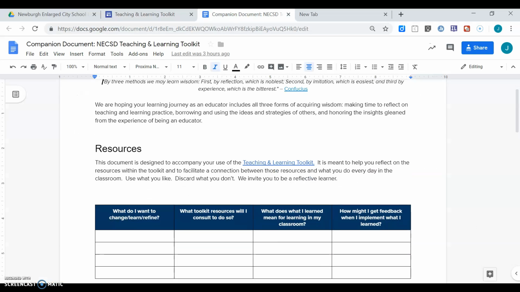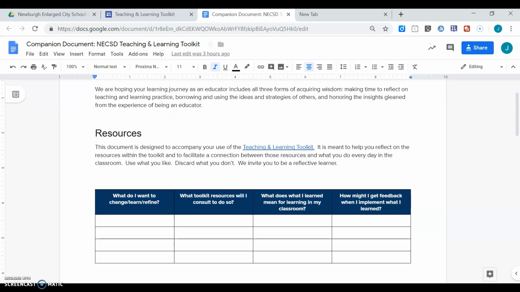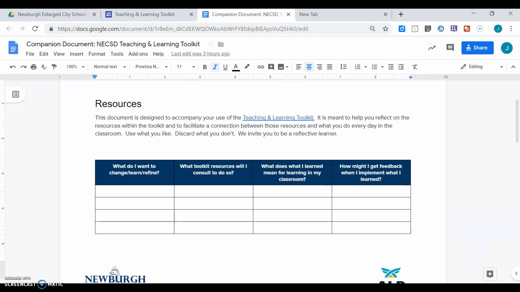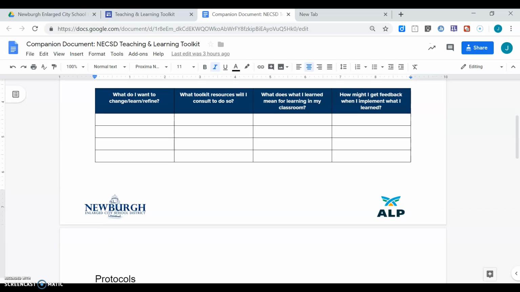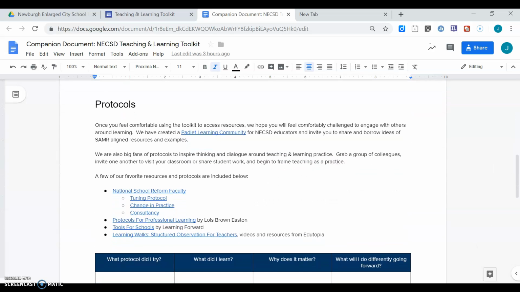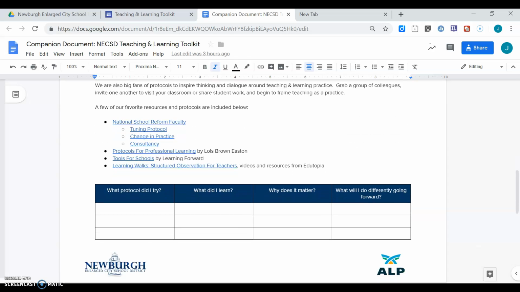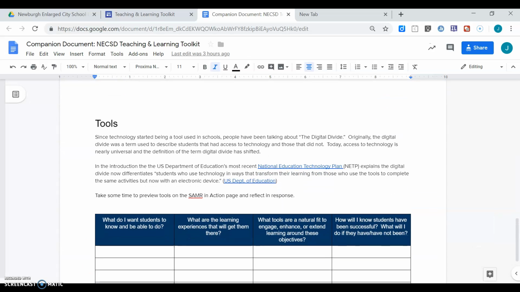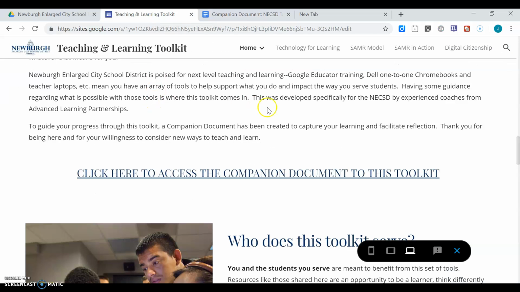It is just a place where teachers can, on their own, talk about what resources they used, what their reflections on those resources were, what they want to remember about those resources, and what it might mean for their classroom. There's a series of protocols to look at and tune practice, and then some tools. So as teachers start to take on new tools and try them out in their classroom, they can record what worked, what didn't, and why it didn't work. It's just that process of reflecting on some of the resources in this toolkit.